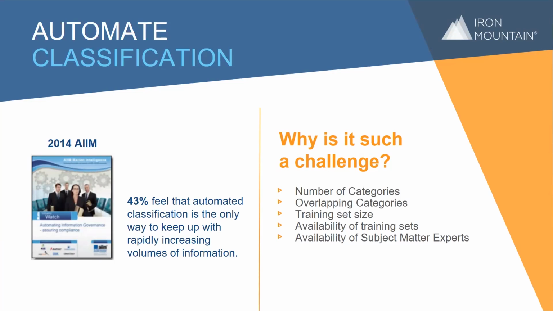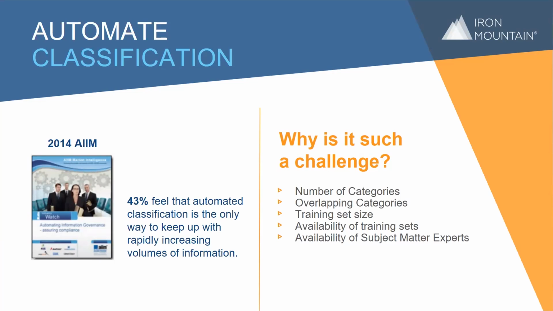Third, training size. So the amount of training you have to do increases with the number of categories. So for each category, you need training data. That means that you need a lot more data to be able to train the algorithms in a machine to be able to identify information at a high level of accuracy.